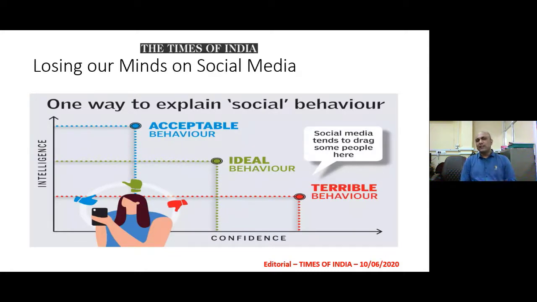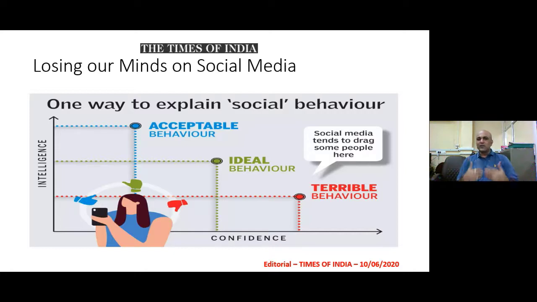If you carefully see, if you go higher on intelligence, you are lesser on the confidence axis. So this graph primarily is trying to say that the lesser the intelligence, the more terrible the behavior.